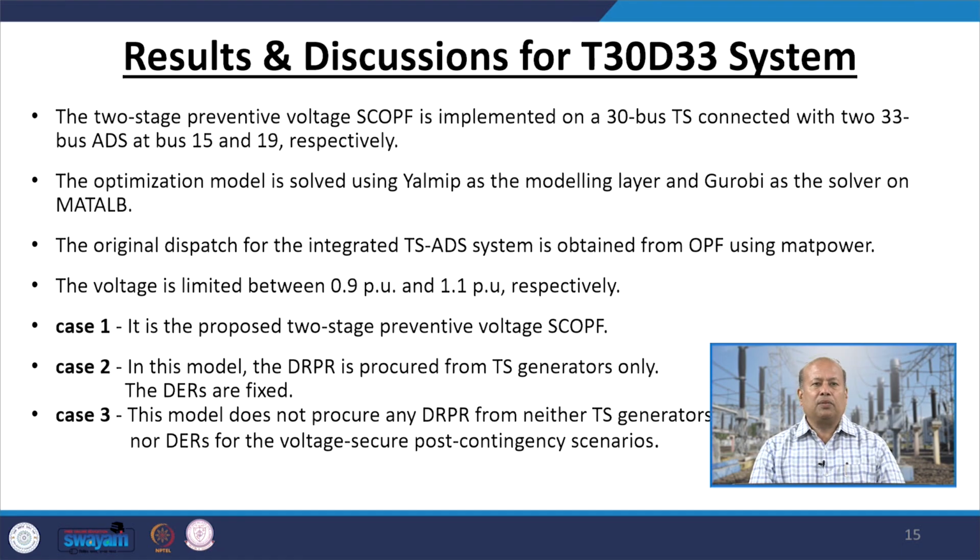The optimization model is solved using YALMIP as the modeling layer and Gurobi as the solver on MATLAB. The original dispatch for the integrated transmission system and active distribution system is obtained from OPF by using MATPOWER. The voltage is limited between 0.9 and 1.1 respectively.